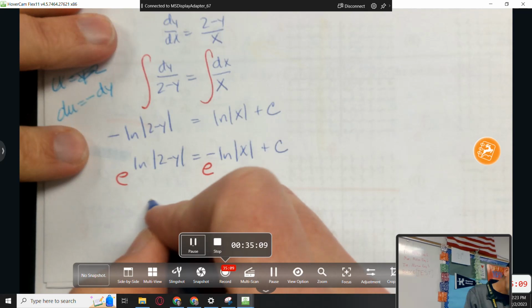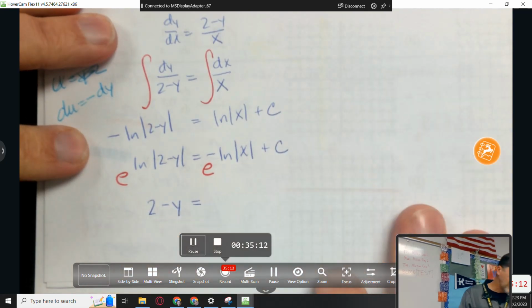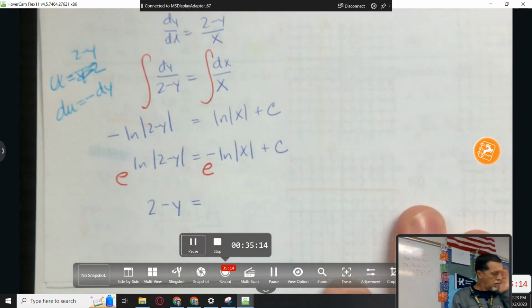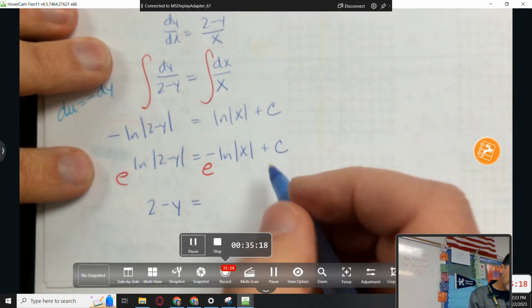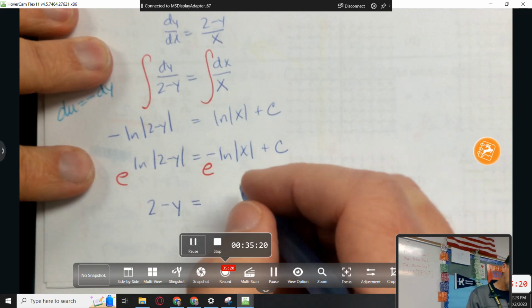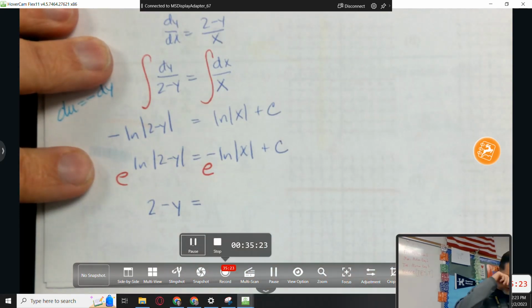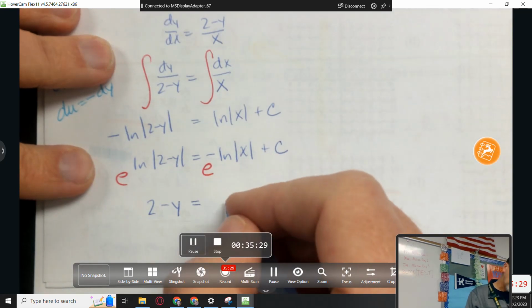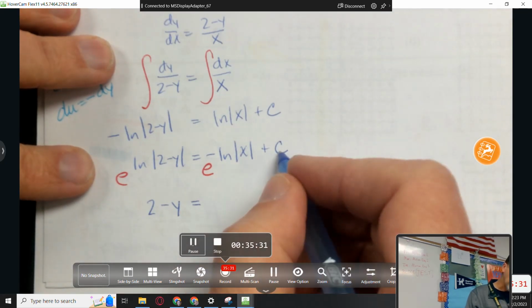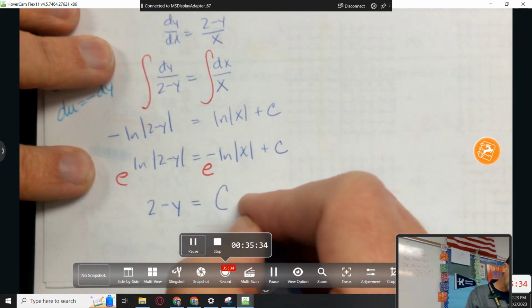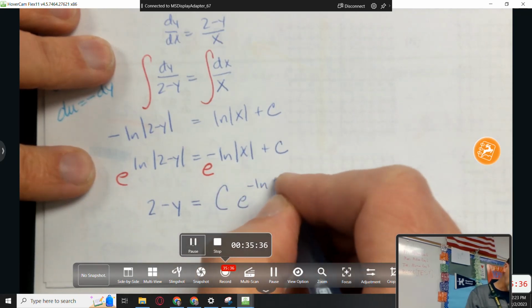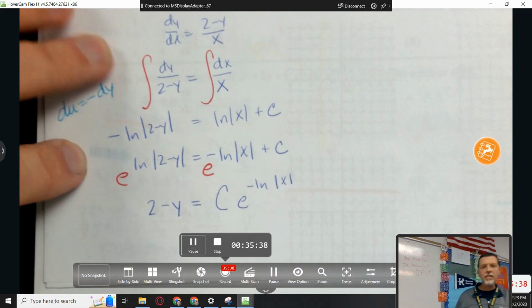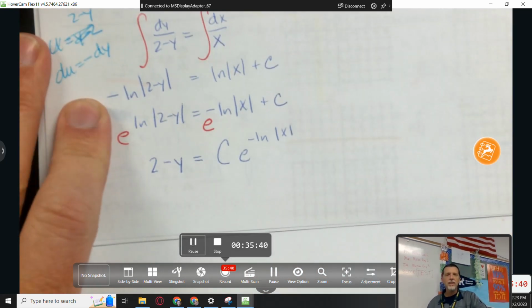So the right hand side's easy: 2 minus y. The left hand side, because of that plus c in there, well, let's see. We could still do that trick because I could make this c e to the negative natural log of the absolute value of x. Yeah, that's the same trick.